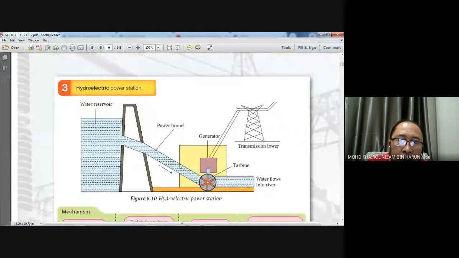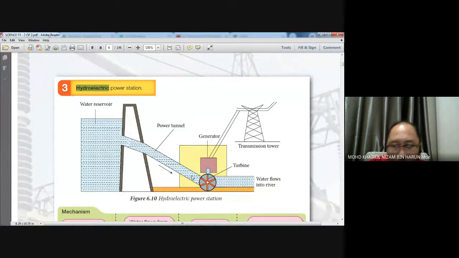Hydroelectric power station. This power station uses water. They build a dam, and this dam will allow the flow of very high speed water.